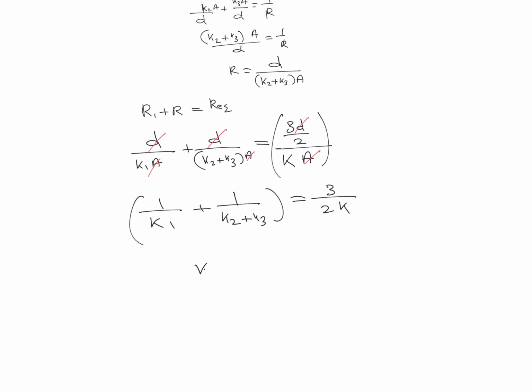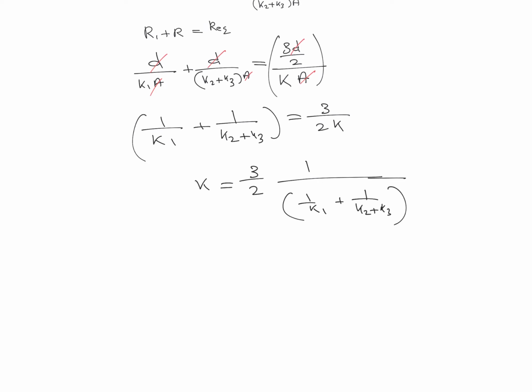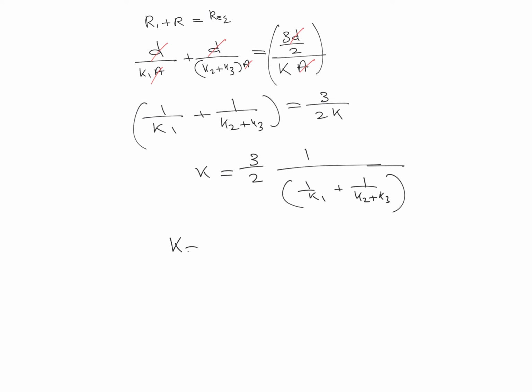Our aim is to find the value of K, so K is equal to 3 divided by 2 into 1 divided by, 1 by K1 plus 1 divided by K2 plus K3. Or if you want, you can write it in this form: K equals 3 by 2 into K1 plus 1 divided by K2 plus K3, raised to minus 1.